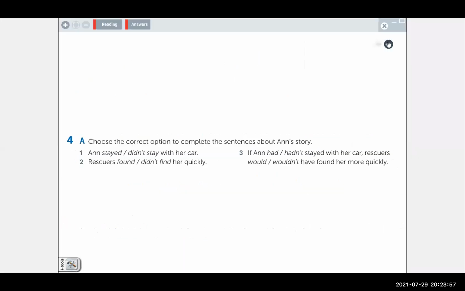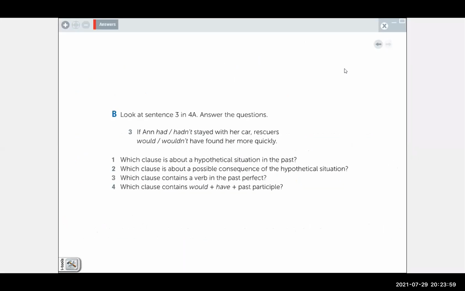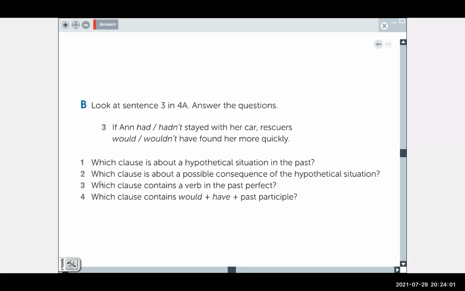Let's go to the next exercise, exercise B. It says, which clause is about hypothetical situations in the past? ¿Cuál de estas dos? Aquí tenemos dos clauses, right? Tenemos the if clause, que es hasta aquí, y luego tenemos the result or the consequence. Okay, tenemos dos clauses.